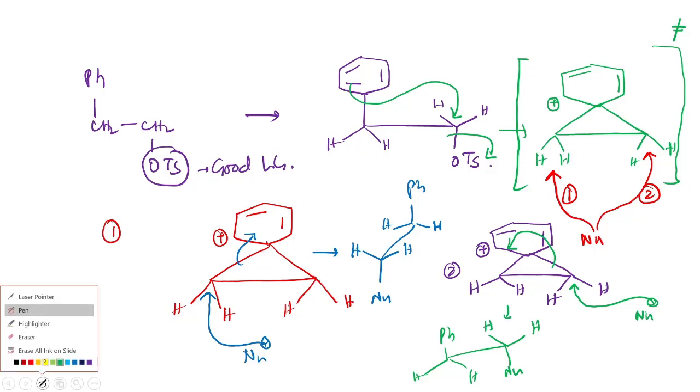Now, if we start with isotope marking, this carbon is isotope marked, this is isotope marked, this is isotope marked. Then the nucleophile will be attached at the isotope marked carbon. But in this second molecule, the nucleophile will be attached to the isotope not marked carbon, or normal carbon.